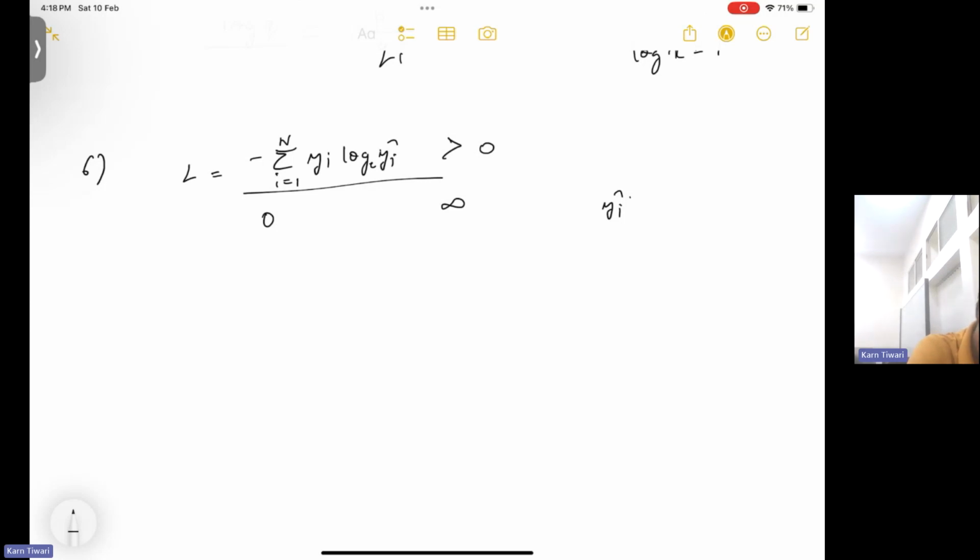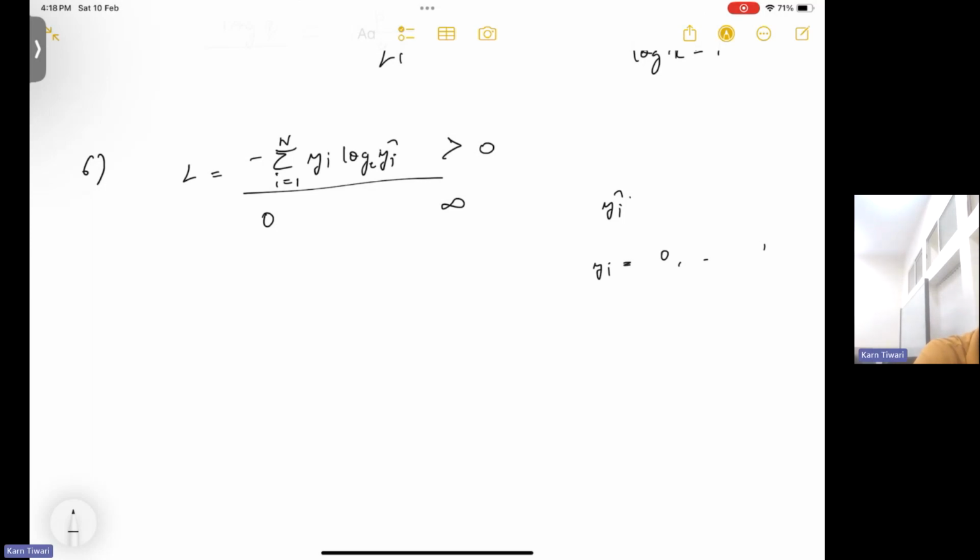But if you want the simple thing, suppose yi is the vector 0, 0, 0, 1, so it belongs to one class. So that is 1.